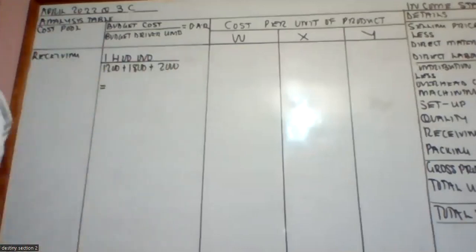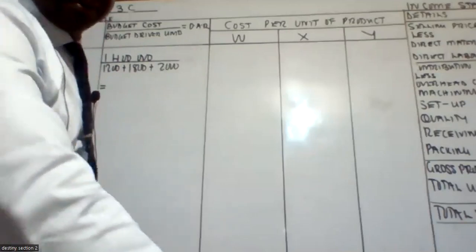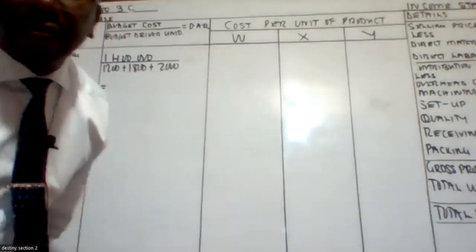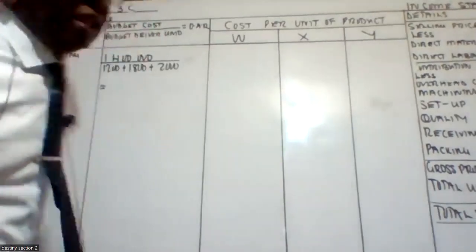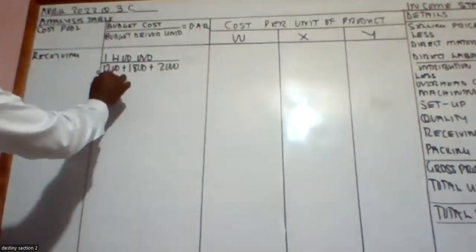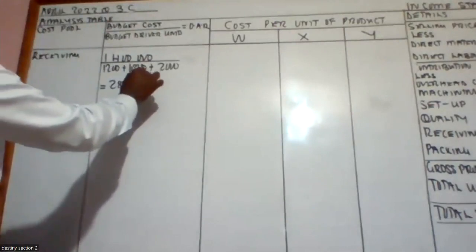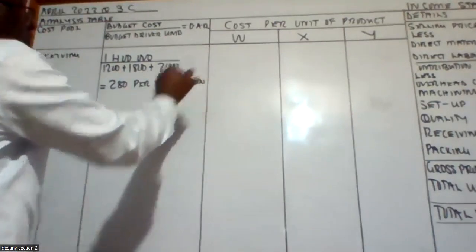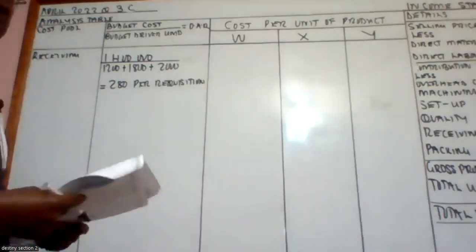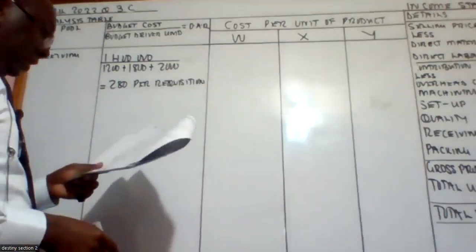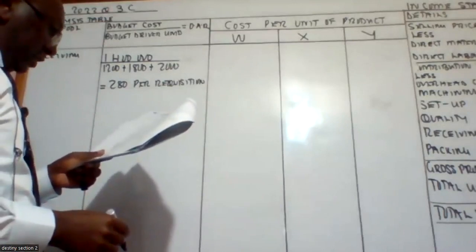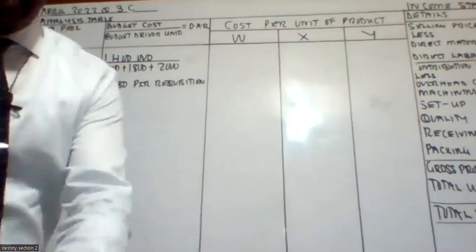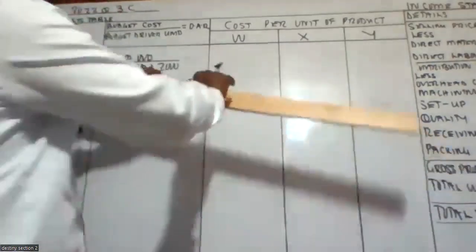Give me the answer for that. Oh, 280 from Jemima. So it is 280 per requisition. And if that is the case, let's compute per unit.